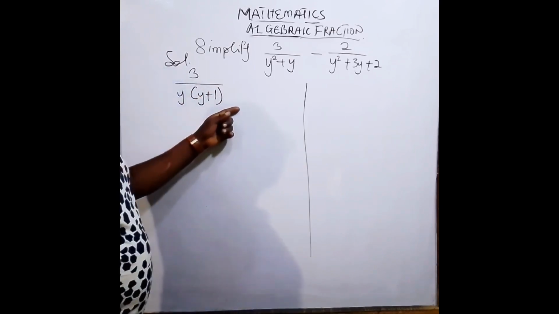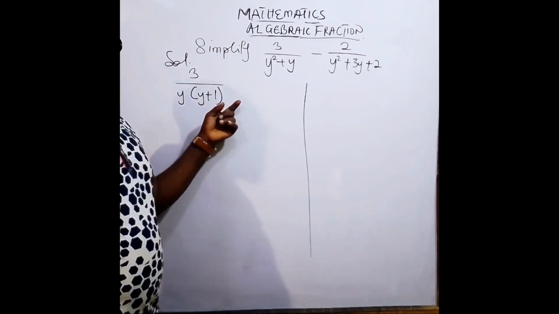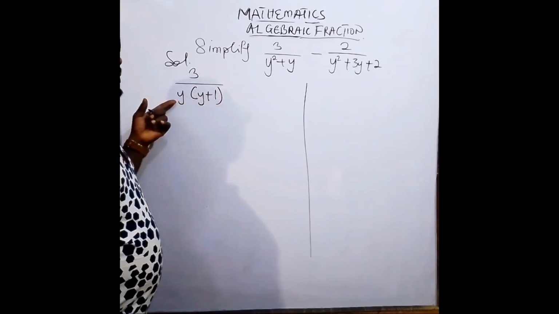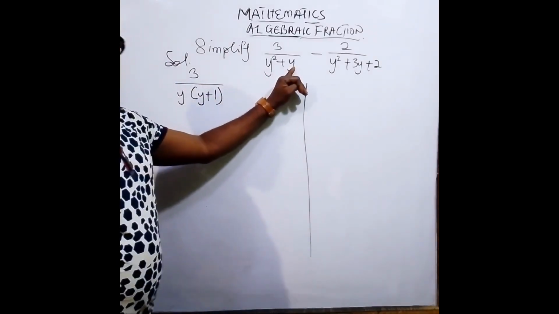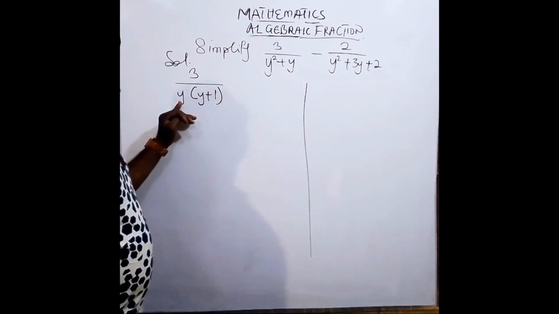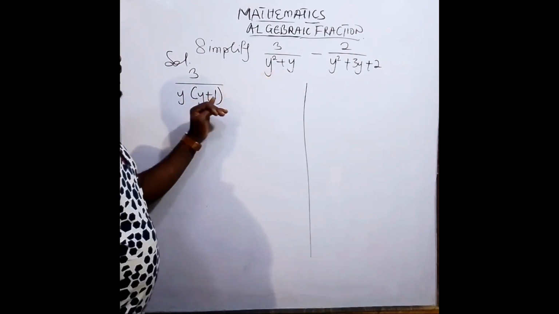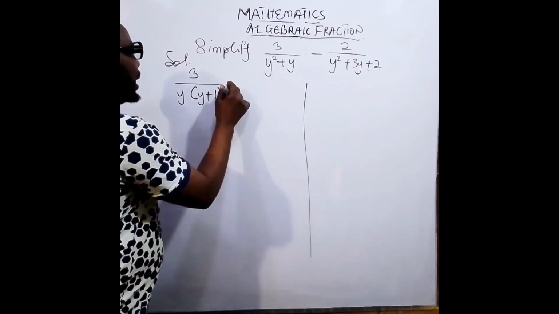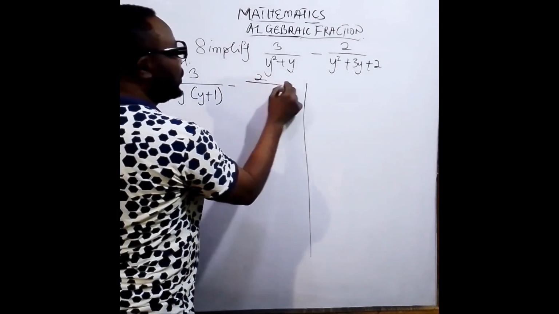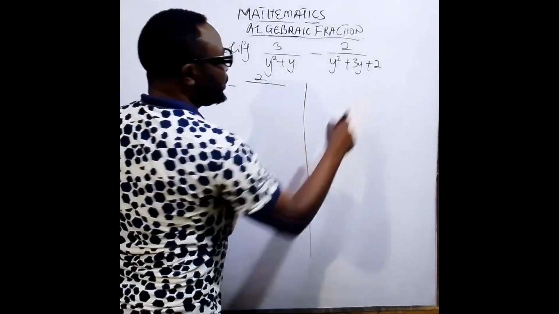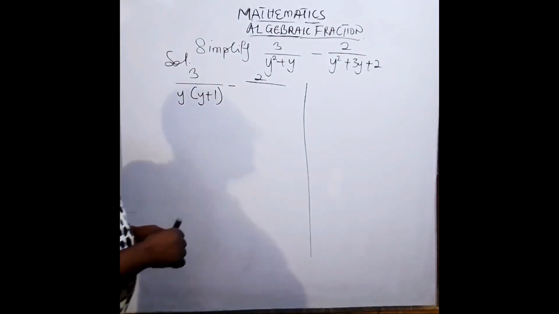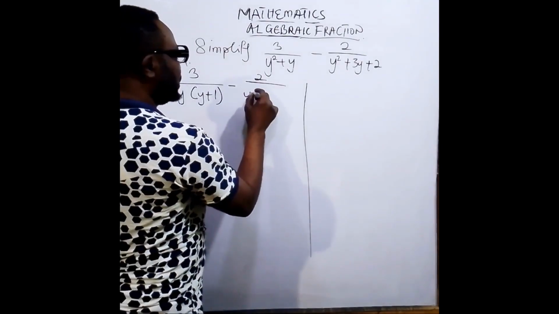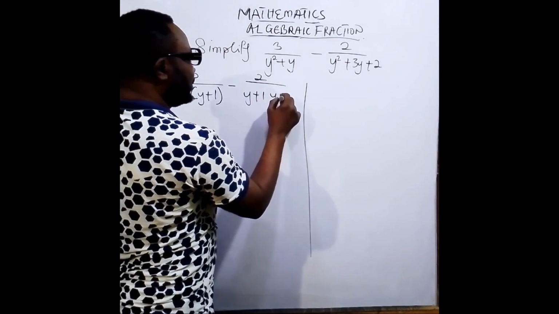What I do here is that I try to factorize this part. I say y is the common term here. y squared divided by y is y. y divided by y is 1. Minus 2 over, when we factorize this value here, the value we are going to have at the end of the day will be y plus 1, y plus 2.